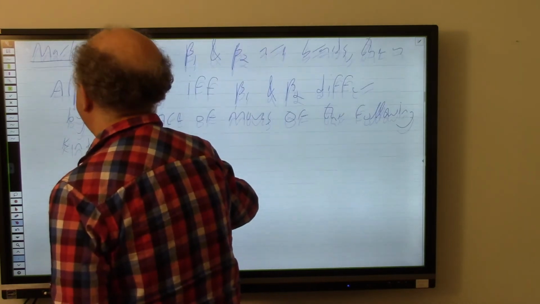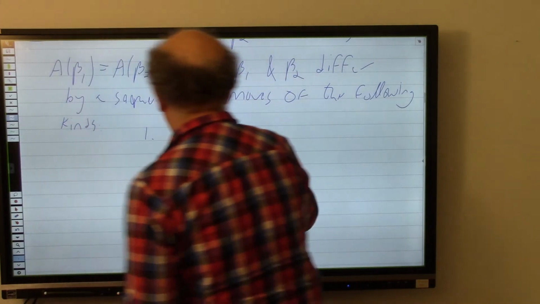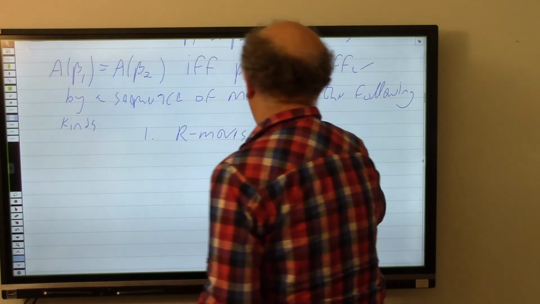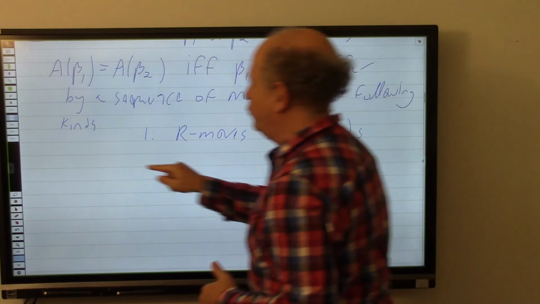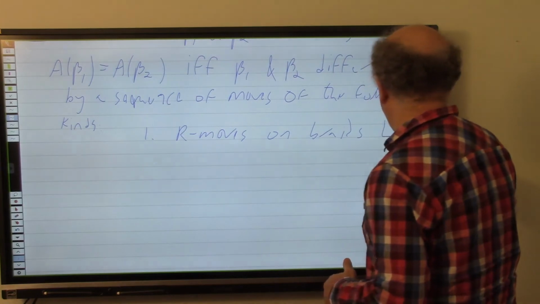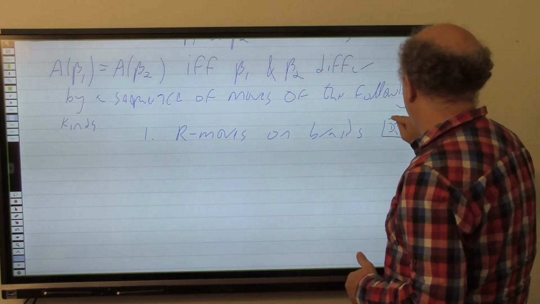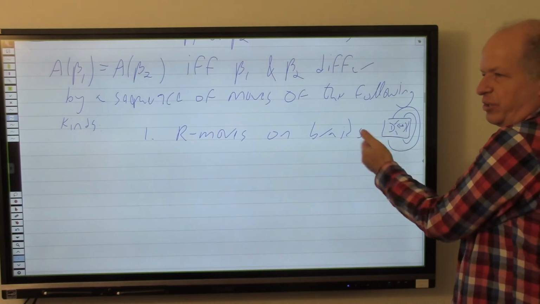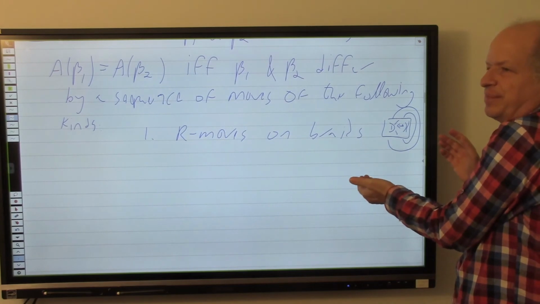So one, just Reidemeister moves on braids. So clearly, if you have a braid and you perform a Reidemeister move inside it and then close, the resulting two knots also differ by Reidemeister moves, which means that they are the same.